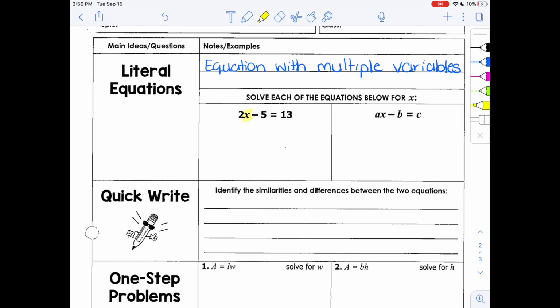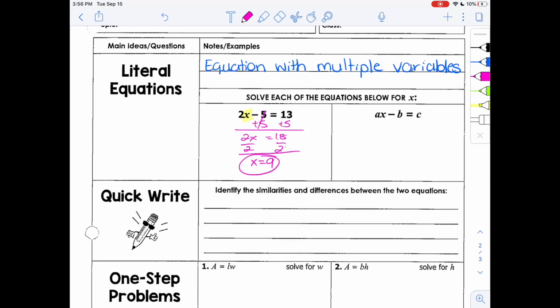So for the problem on the left, we need to get rid of the 2 and we need to get rid of the minus 5. And we do this by doing the opposite. So instead of subtracting 5, we are going to add 5 to both sides, which results in 2x equals 18. And then instead of multiplying by 2, we divide by 2, which then results in x equals 9.